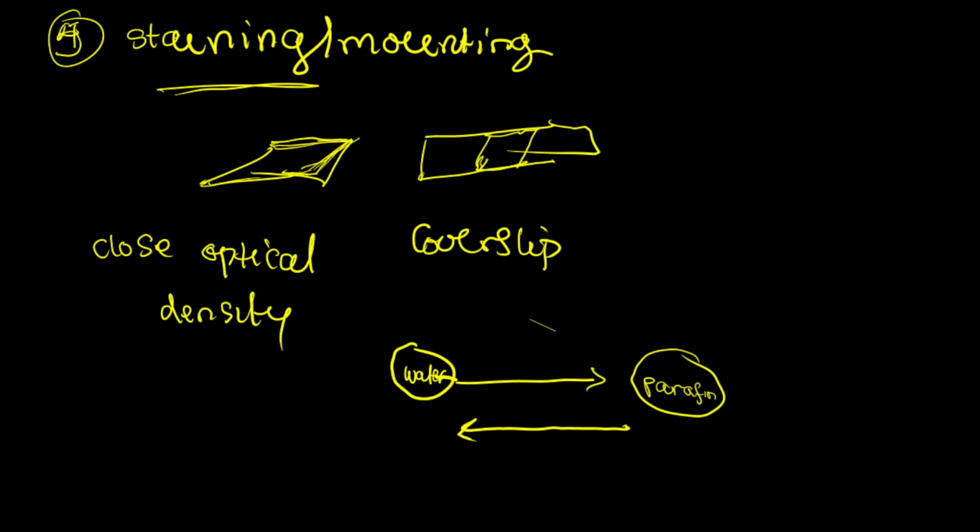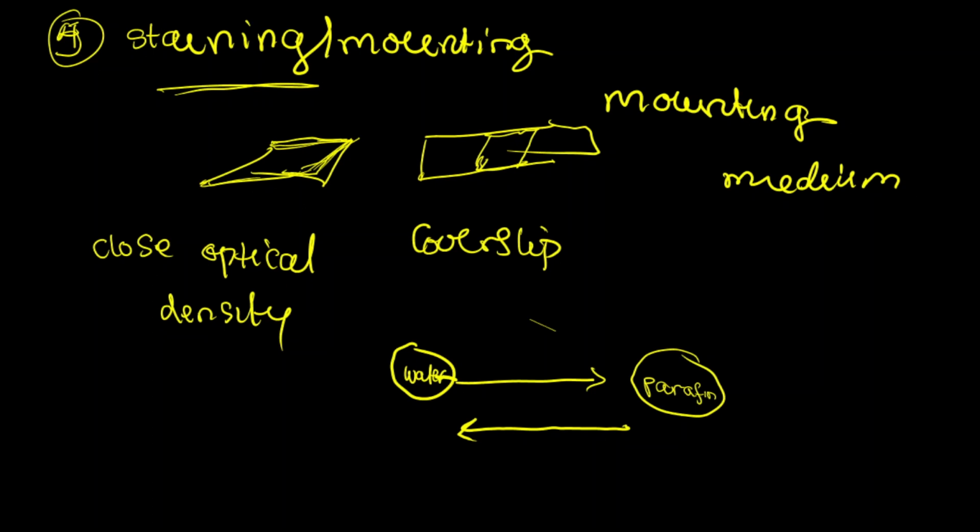Okay, so we have a mounting medium. Now what is the function of this mounting medium? Of course, we want the stain to help increase the optical density. However, excessive refraction of light could also make the slide kind of blur.